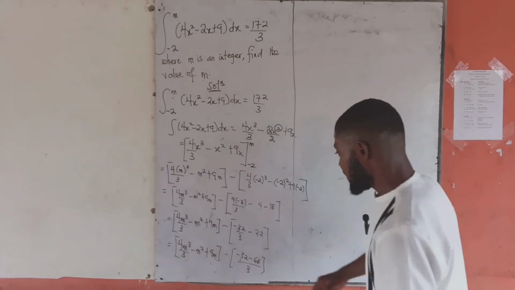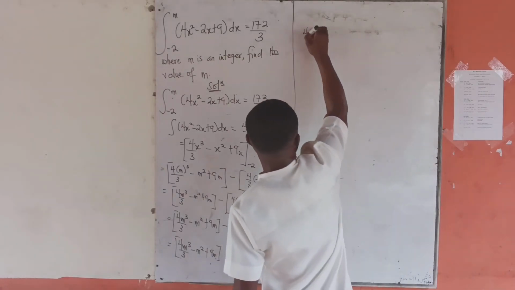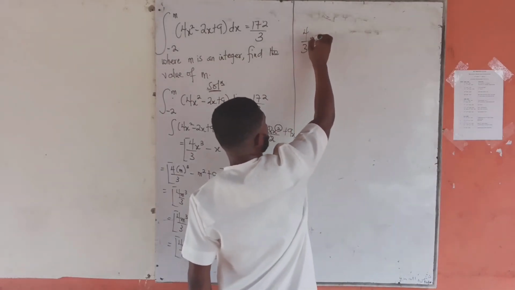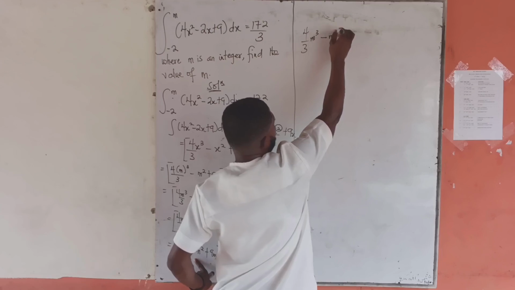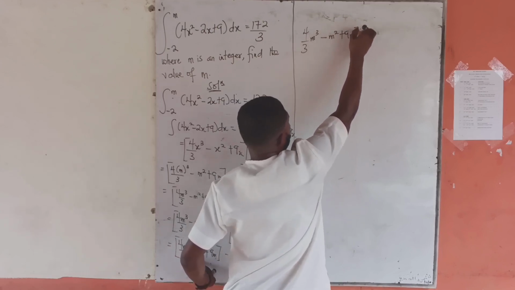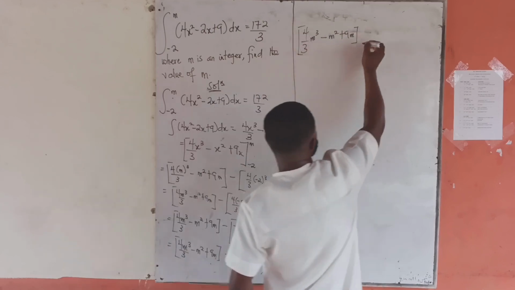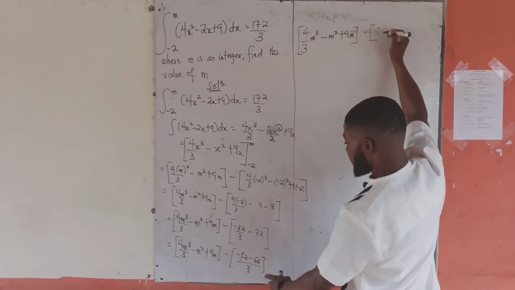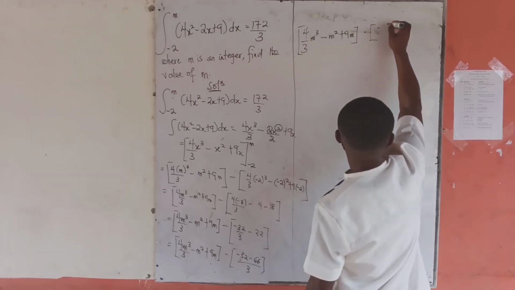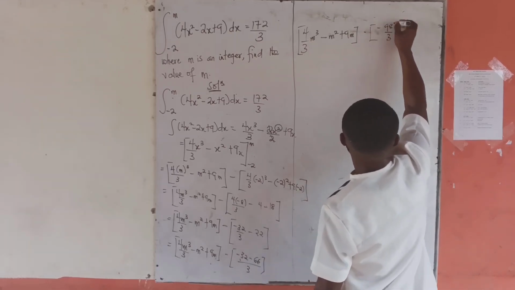Okay, so we come up here: 4 over 3 m power 3 minus 98 over 3.